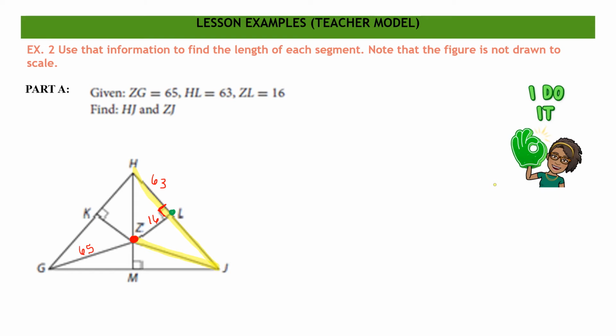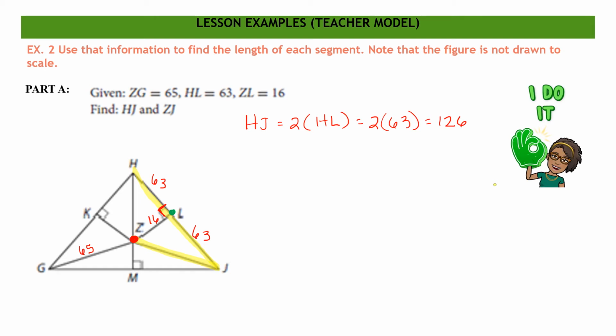So if HL is 63, that means LJ is also 63. To find HJ, we have to take 2 times the distance of HL. So 2 times 63 is equal to 126.